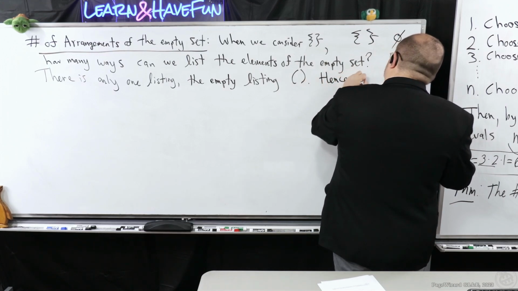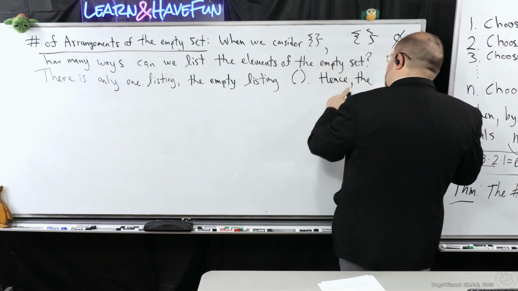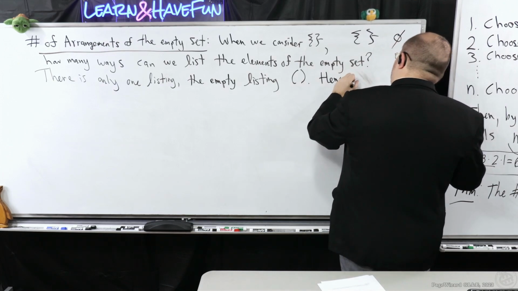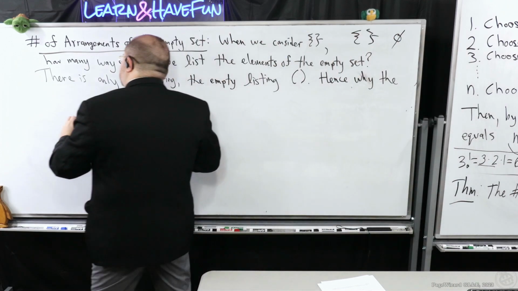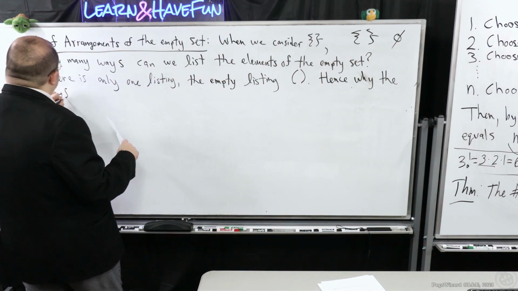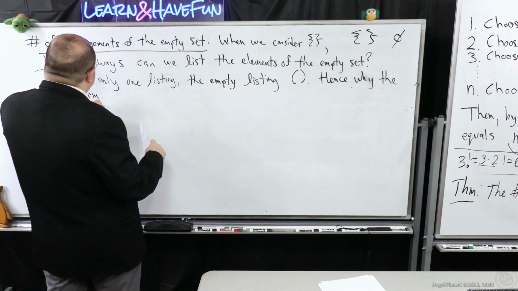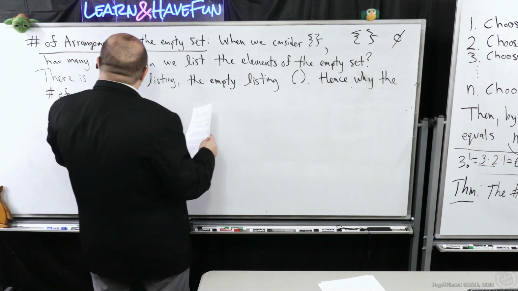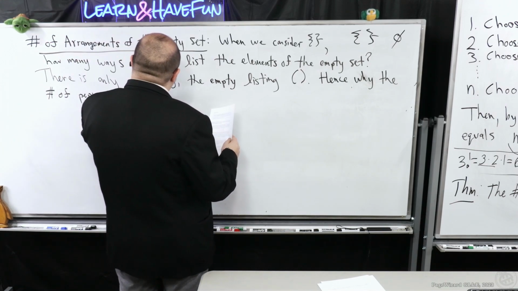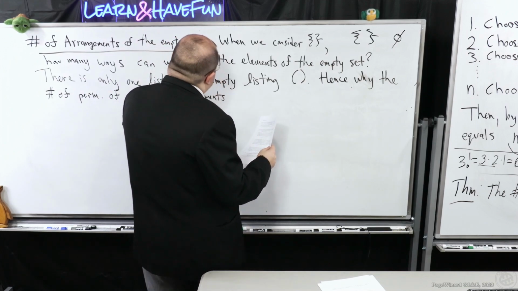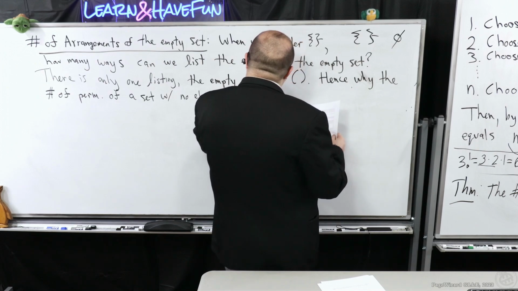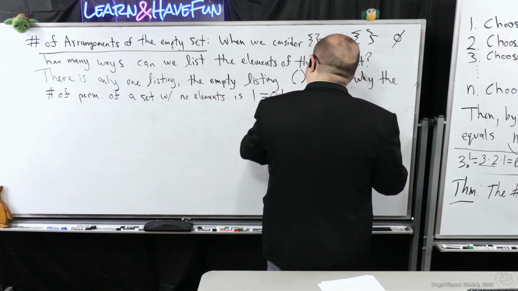Hence, this is why the number of permutations of a set with no elements is 1, which equals 0 factorial.